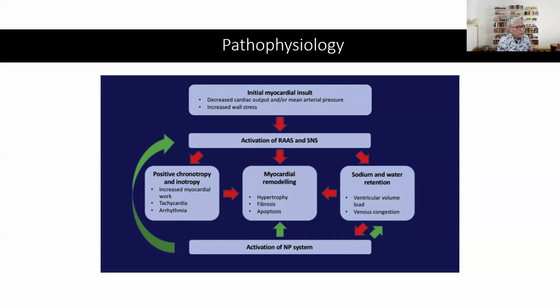So what are some of these neurohormonal compensatory mechanisms? Well, for one, there's going to be the activation of the renin-angiotensin-aldosterone system and the sympathetic nervous system. So I don't know if you recall what the renin-angiotensin-aldosterone system is. And this is going to be something that is a compensatory mechanism of the body.